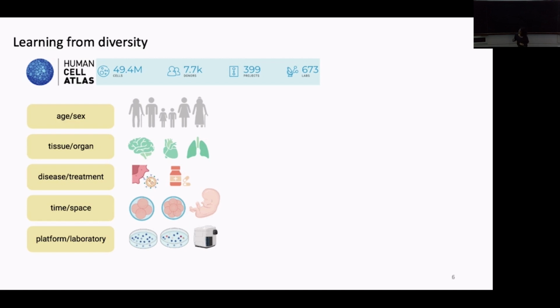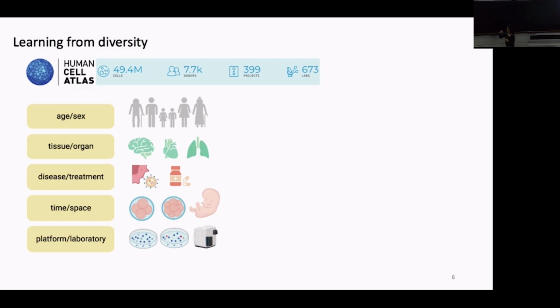These four main categories are the biological covariates that are very interesting for us to know how they make cells different from each other, mostly for therapeutic purposes, how people are different from each other and so on.